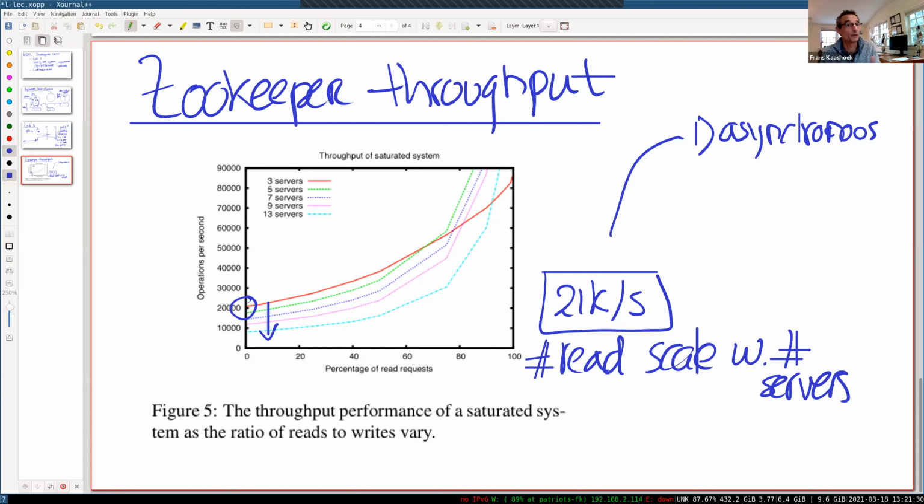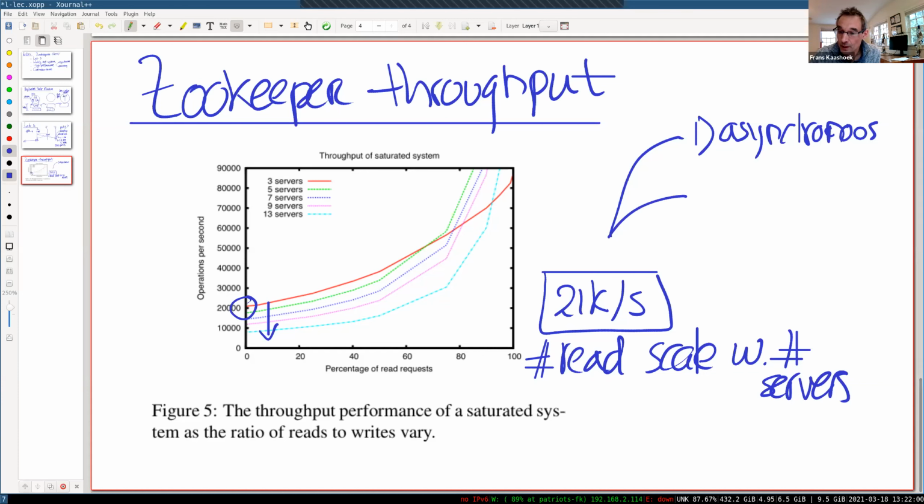A lot of these puts will be batched together, maybe even in a single message, transferred to the leader, and the leader will apply them all at the same time. In fact, the leader will write to persistent storage only once for this whole batch of operations. So instead of one write per operation, you have one disk write for many, many operations. This is one reason they get very good performance on write operations.